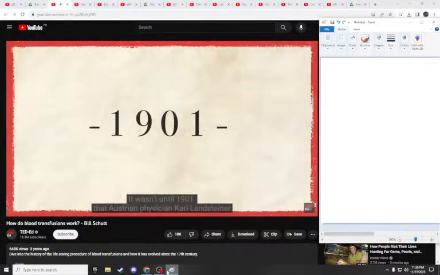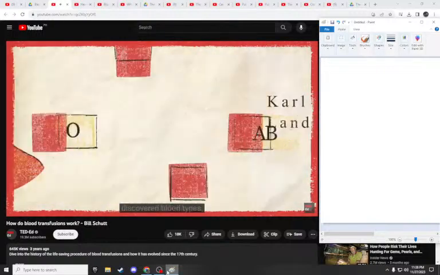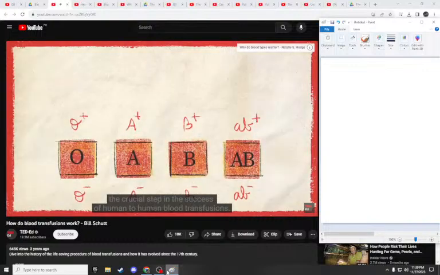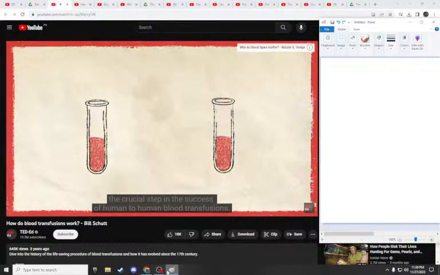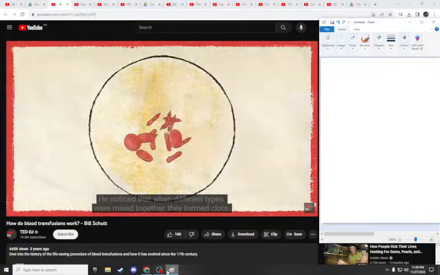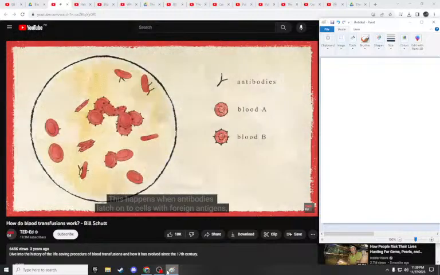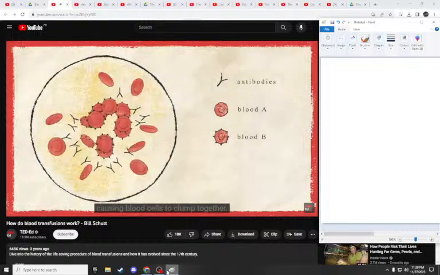It wasn't until 1901 that Austrian physician Karl Landsteiner discovered blood types, the crucial step in the success of human-to-human blood transfusions. He noticed that when different types were mixed together, they formed clots. This happens when antibodies latch onto cells with foreign antigens, causing blood cells to clump together.